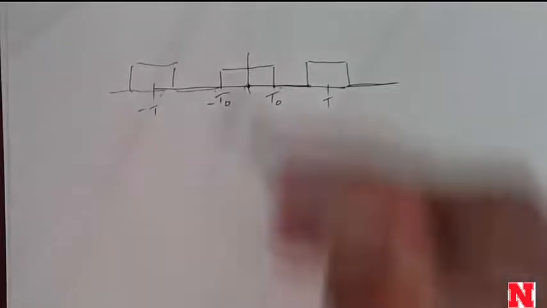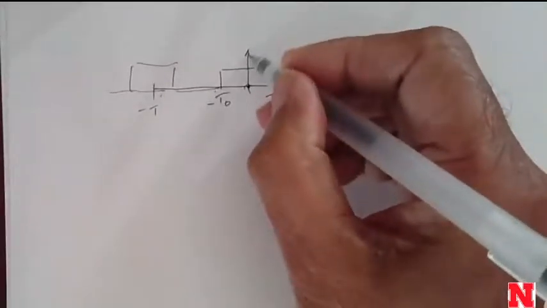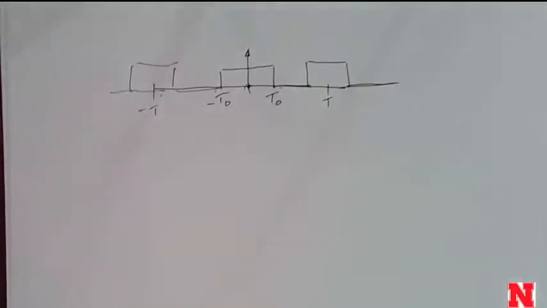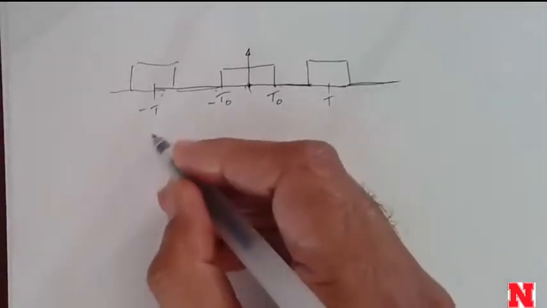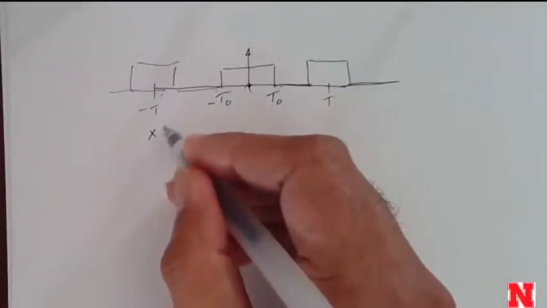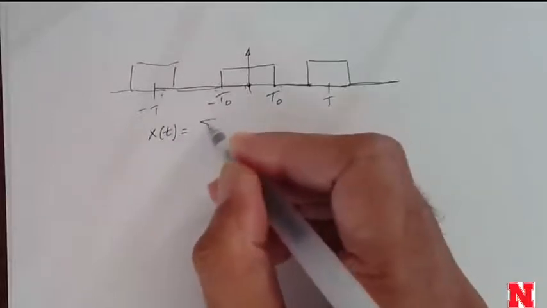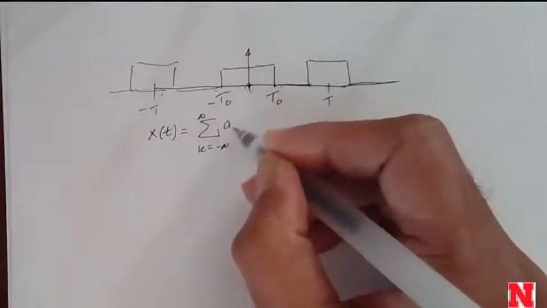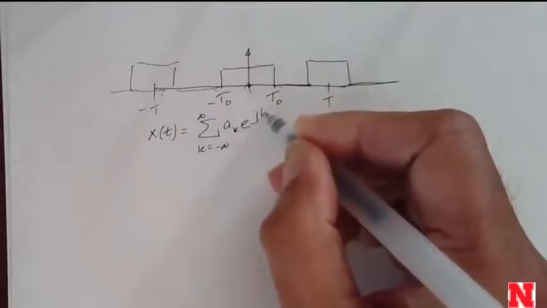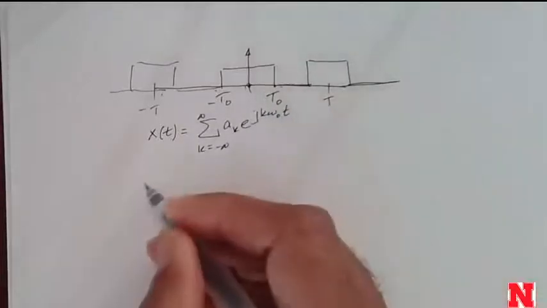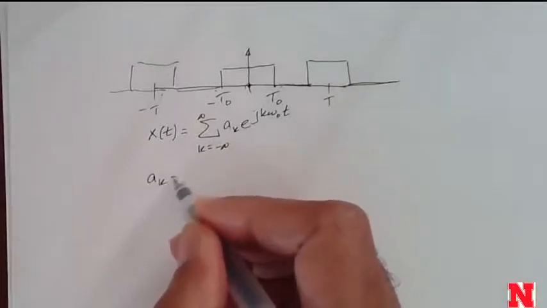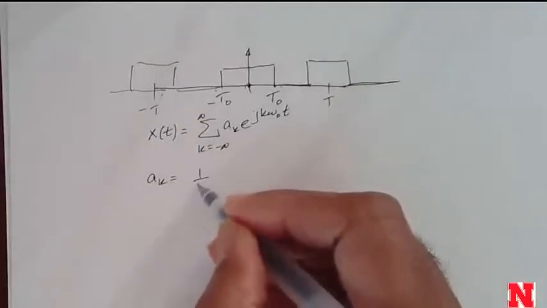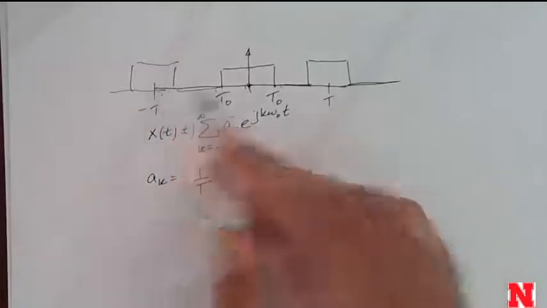And according to my claim, and I'll actually show you that this is true, I can write this as a sum of complex exponentials. And so I can write x of t as this sum, k equals minus infinity to infinity, a sub k e to the j k omega naught t. And now to find a sub k, I'm going to integrate over one period of this function.